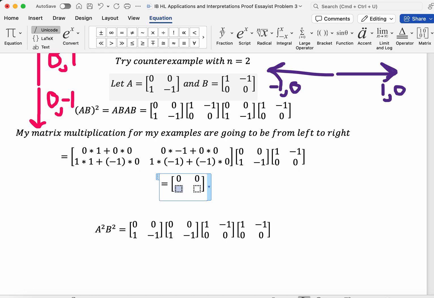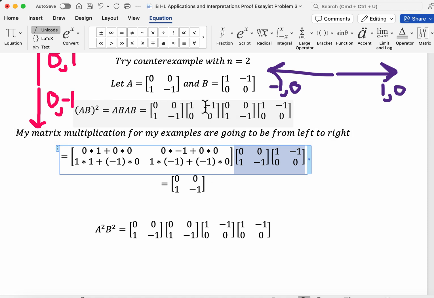0, 0. Let's see, negative 1, 0. Yeah, this is 1 here. This is 1. So I got negative 1 again from here. Okay, interesting. Oh, wait.